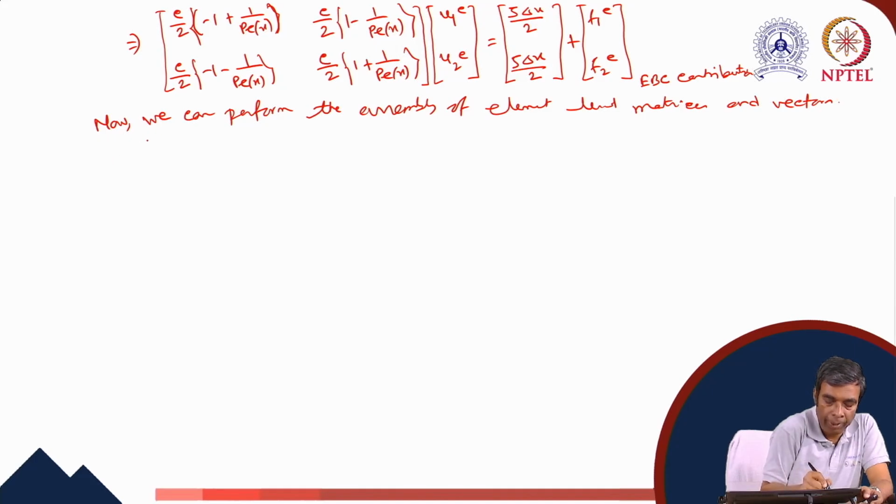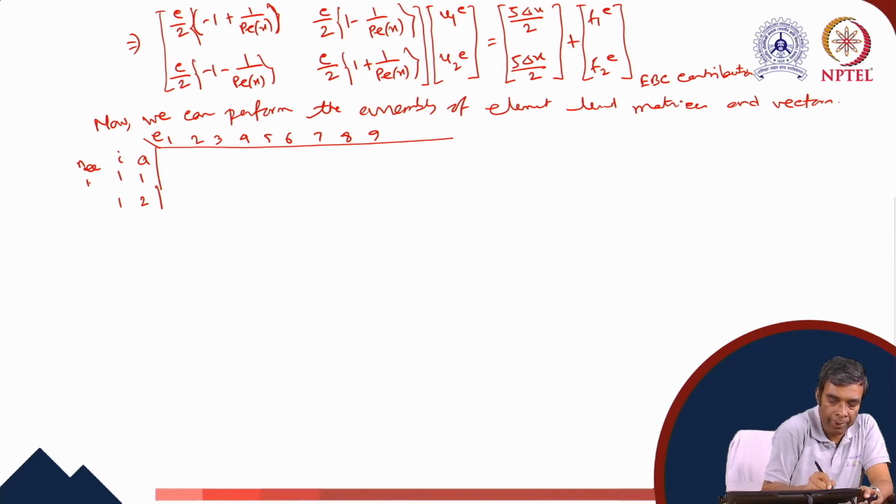So we have the LM array. We write it once more: elements 1, 2, 3, 4, 5, 6, 7, 8, 9, local nodes 1 and 2, IDOF 1, 1, number of element equations 1 and 2.